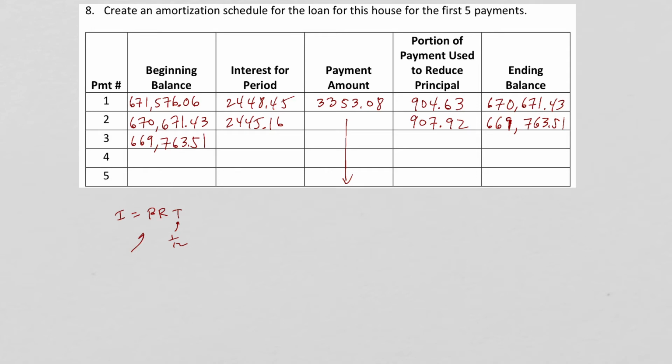We'll use the same formula with that starting balance to get $2,441.85. So we'll subtract and get $911.23 here. And we'll subtract yet again and get $668,852. By 67, I mean 68.